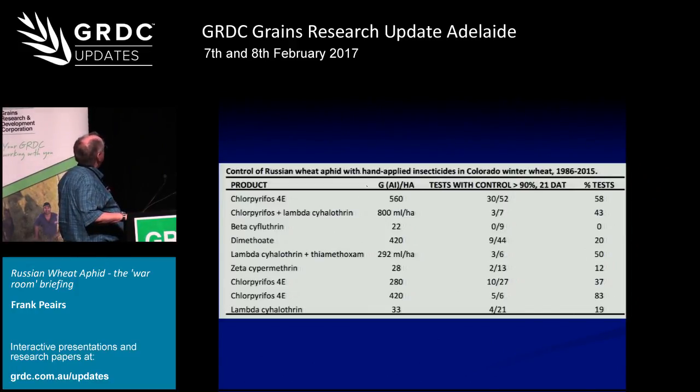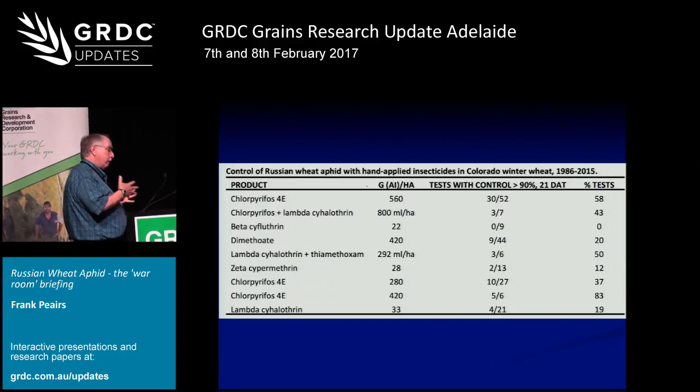And based on this standard, chlorpyrifos has been by far our most consistent treatment for reducing aphids. I understand that your results will likely be different, and also you have access to different insecticides than we have. For example, pirimicarb is not labeled in the United States on small grains of any sort.